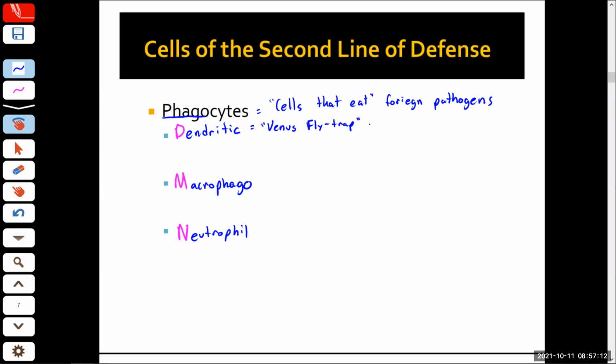What they do is they basically anchor to a vessel, and they have these really long arms. They're going to reach out with long arms, and what they do is they grab a pathogen and they rip its face off.